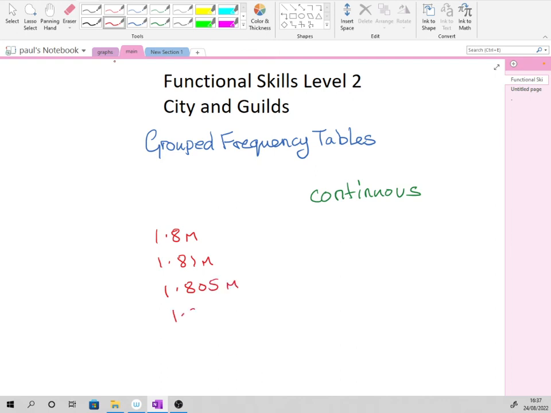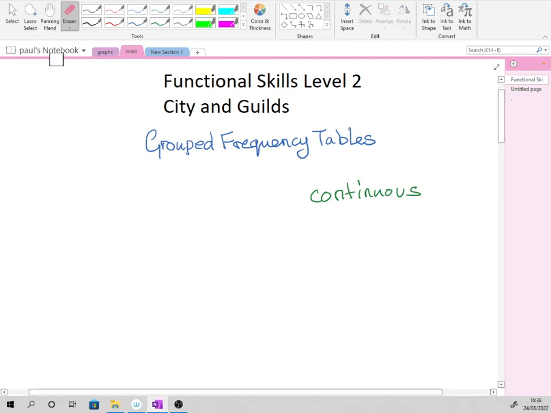Depending on how accurate you want to be, doing a frequency table of this would be absolutely bonkers, because if you were super accurate, you'd never have two people exactly the same height. So what we've got to do now, or they will do it for us, is group all the data together into separate little groups.